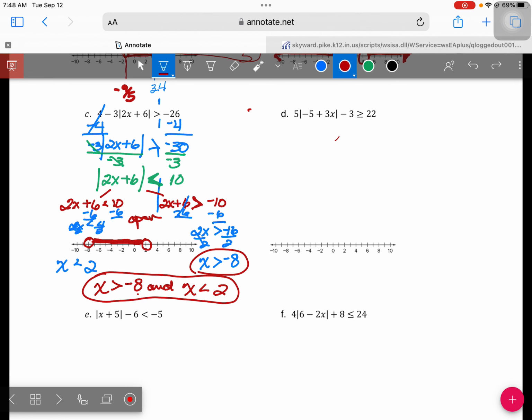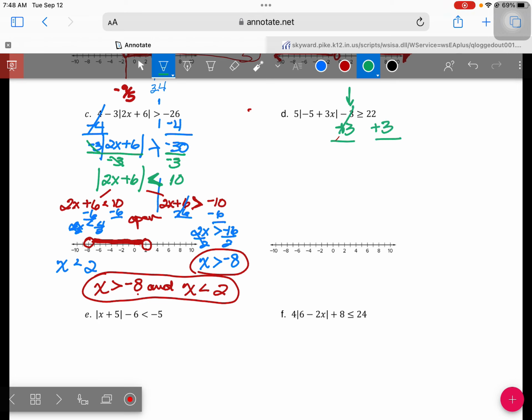I'm trying to isolate that, so divide by 5. Divide by 5. And I get absolute value negative 5 plus 3x is greater than or equal to 5. Now I can separate into my two cases.